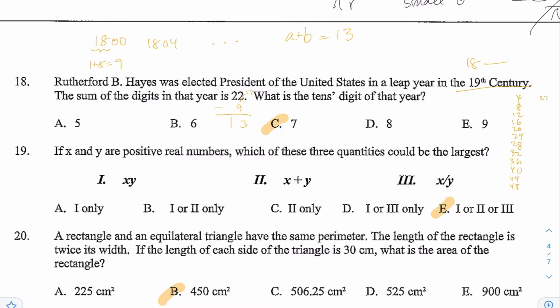And then you try 52, 56, 60. 64 is 10, which is close to 13. And then 68 is 14, which is not exactly 13. 72. And we'll try 76. You see that is equal to 13. So it must be 1876. So the tens digit has to be choice C, 7.